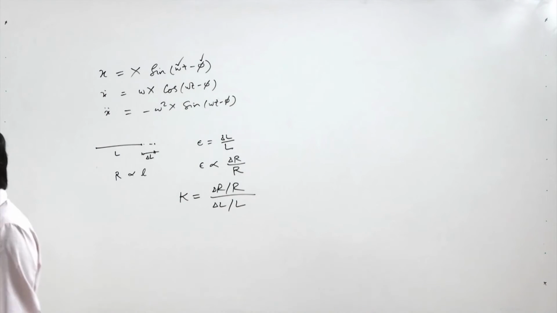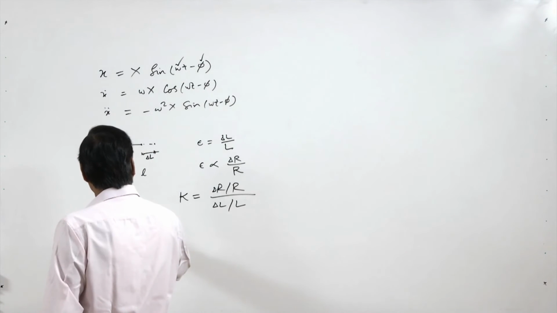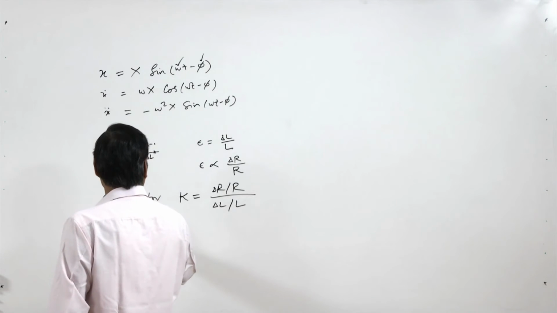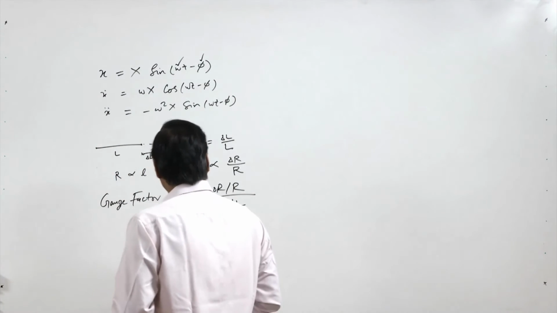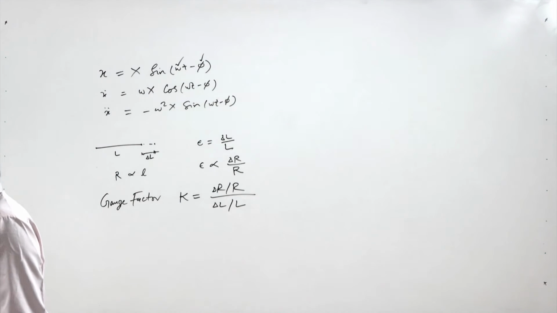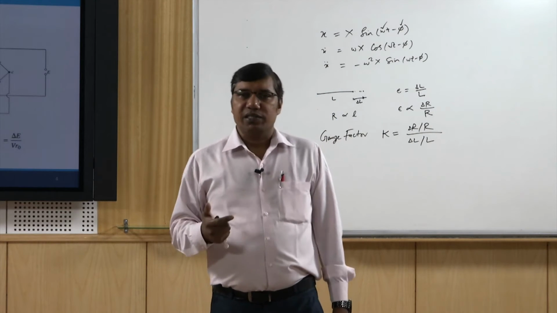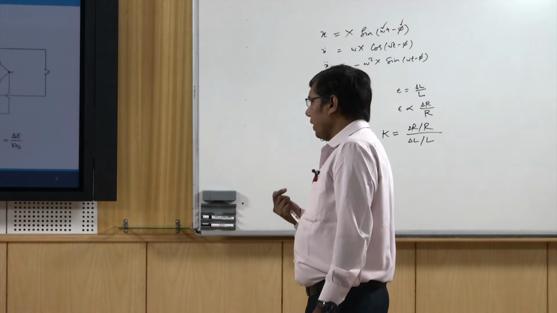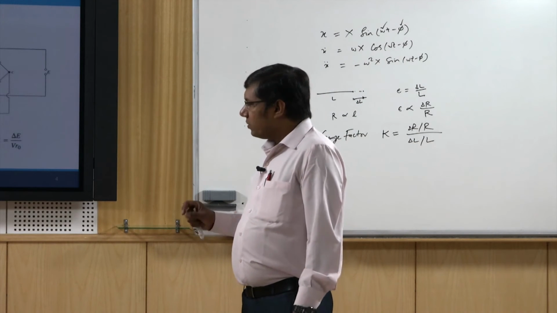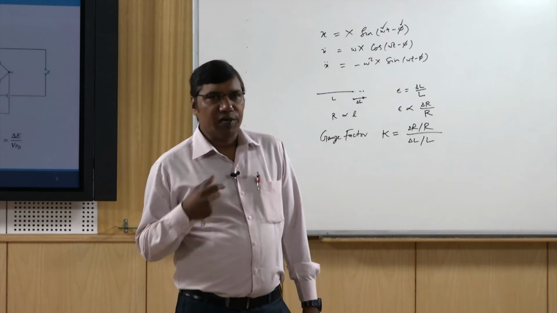So, here K is known as the gauge factor. There are transducers known as strain gauges that use this characteristic, and the gauge factor is the constant for that strain gauge or for that wire.